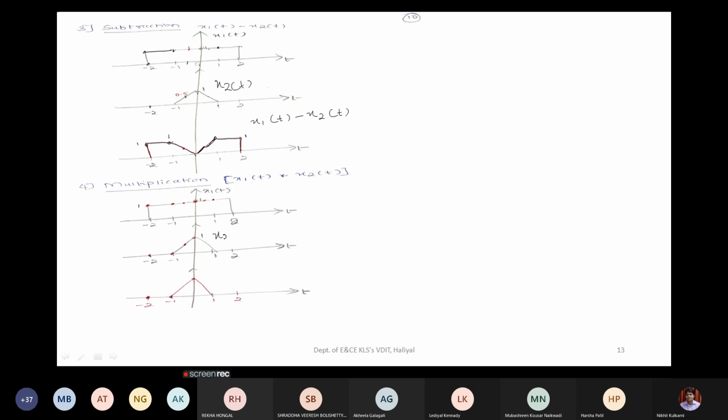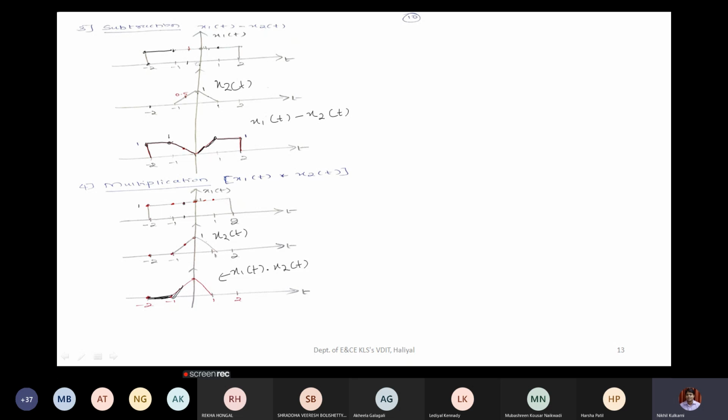0. This is x1 of t multiplied by x2 of t. So 1 into 0 will be 0. It will continue till -1, so it will be 0 only. After -1 to 0, at 0.5 it is 1 and 0.5, so 1 into 0.5 will be 0.5.